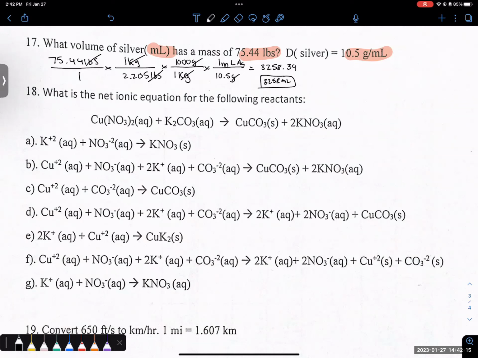So does salt, sodium chloride, when you put it in water, does it stay as sodium chloride or does it break into sodium ions and chloride ions? What? Stays as sodium chloride. No, it breaks into its ions, which is why we're able to conduct electricity through water that has electrolytes in it, because those ions are able to carry the electric current.